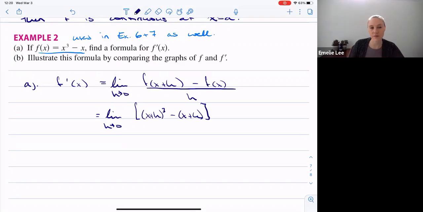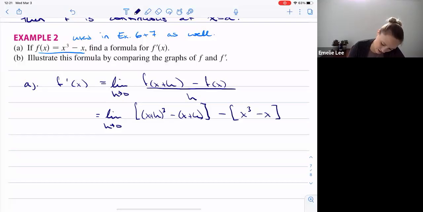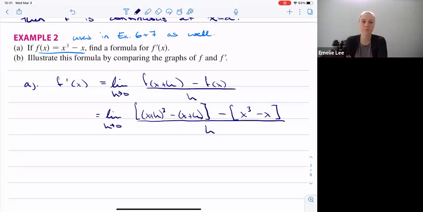Put square brackets around that, minus f of x, which is just x to the 3 minus x, over h. Nothing crazy going on here, right? But I do need to expand x plus h to the power of 3, and then I'm going to expand all this out and simplify, and hopefully by the end, if I've done everything correctly, this h will somehow cancel out.